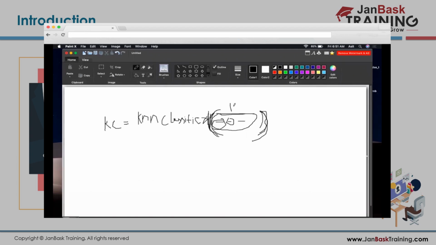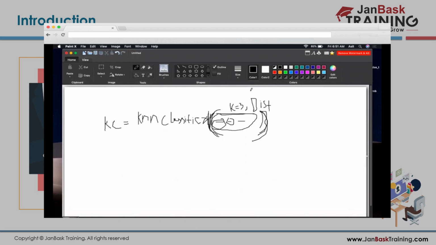Suppose, obviously, it will take the k value. You have to pass k equal to 3, for example. What else will this function take? It will take the distances, which type of distance you want to use. For calculating the distance, there are 3-4 distances. We will go through that.